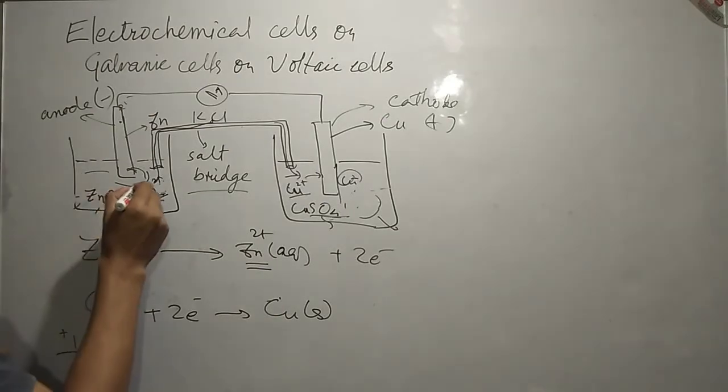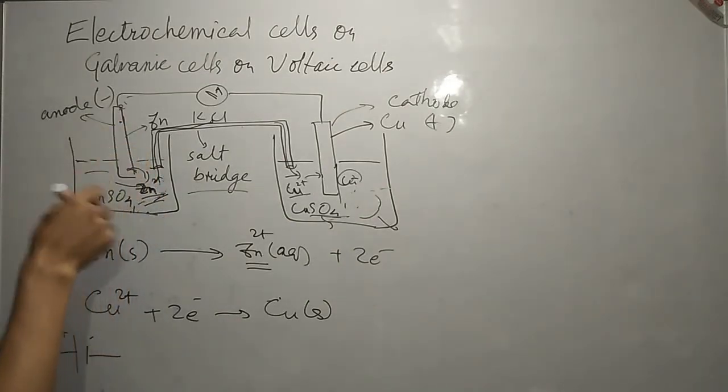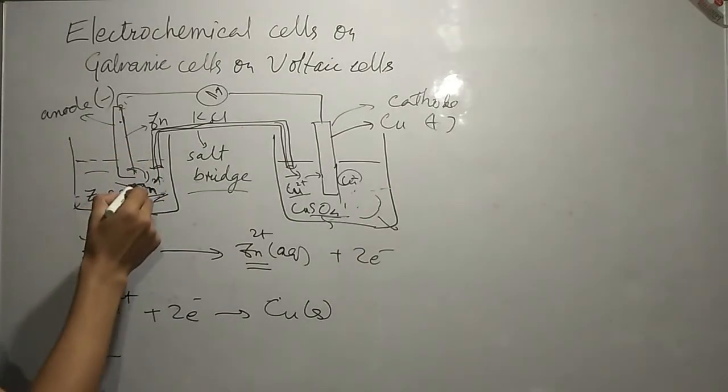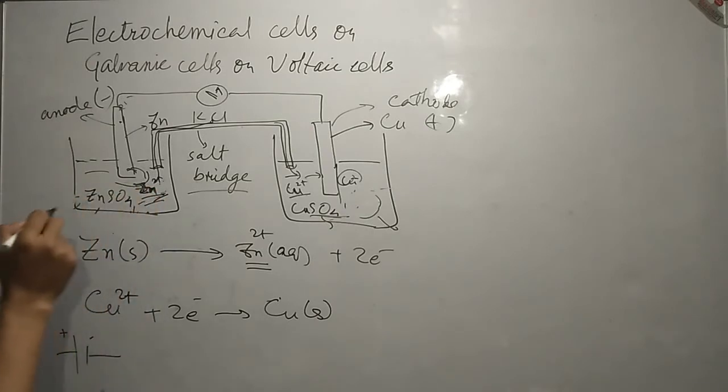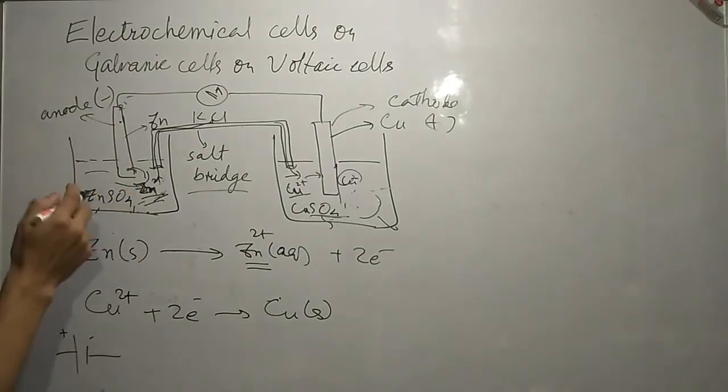That Zn2+ is dissolved in the solution and thus increases the concentration of Zn2+. It gets accumulated in this solution, so this will increase the positive charge in the ZnSO4 solution.